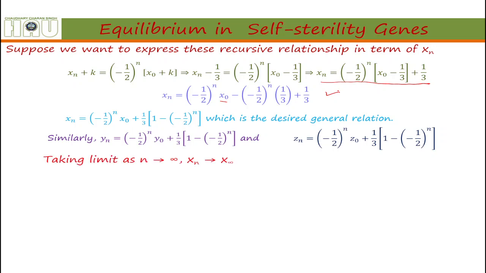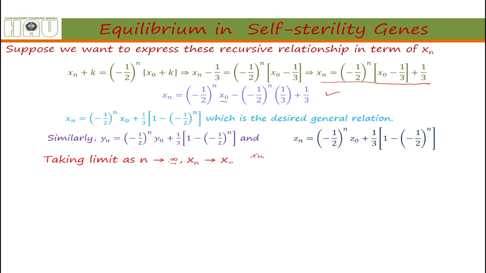If we take the limit, we will see what happens to the gene frequencies when the generations are large, when n is very large, that is, n tends to infinity.